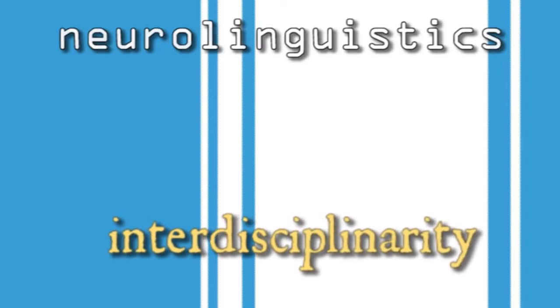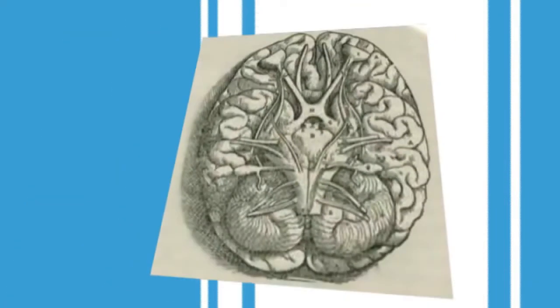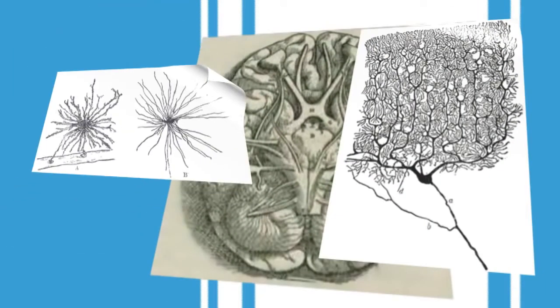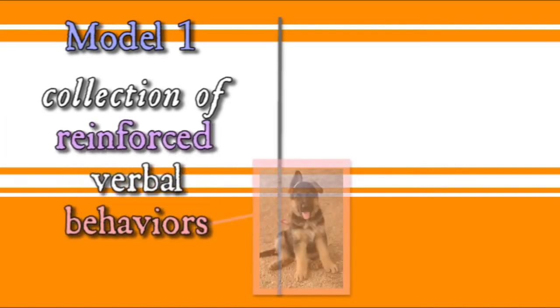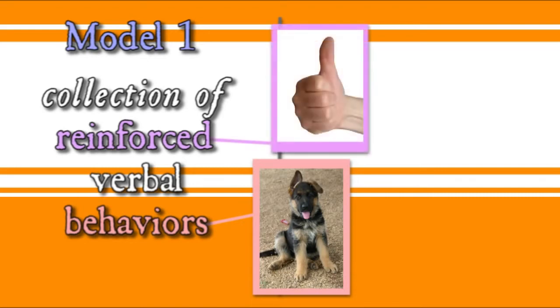With all this stuff about the brain going through your brain, think for a minute about two 20th century models of language. In model number 1, human language is a collection of behaviors that are conditioned by external stimuli. Verbal behavior, language, that gets a favorable response will be reinforced and repeated.